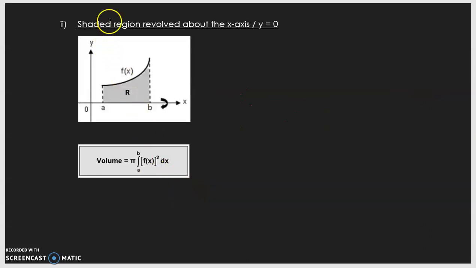How about if the shaded region is revolved about the x-axis? If it is revolved about the x-axis, in the x-axis, y equals 0. So actually the volume is equal to pi integrate from a to b, f(x) minus k, but our k is 0 in this question because this is revolved about the x-axis.